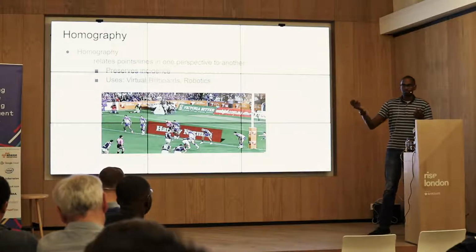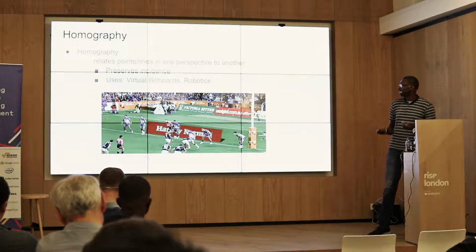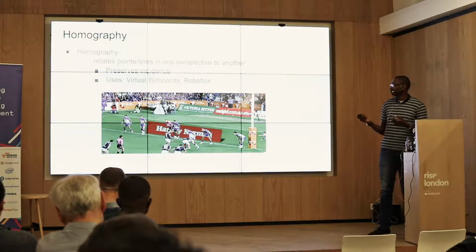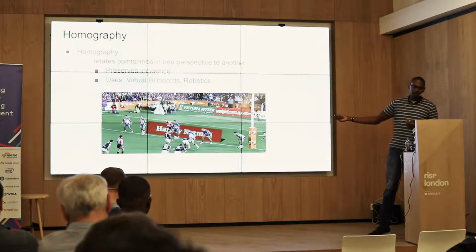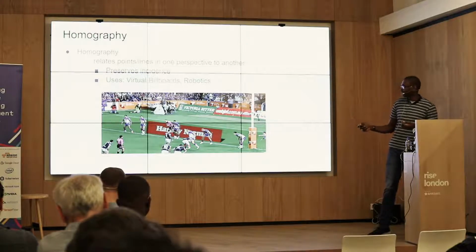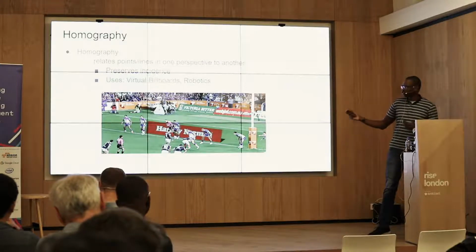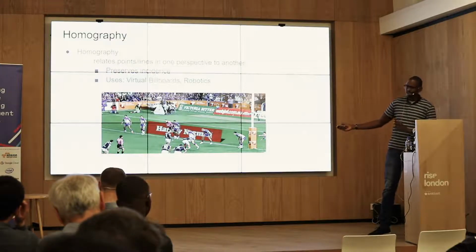So if you move across the room, those lines are not going to suddenly change. That's what homography does. You've probably seen it used as virtual billboards on sporting events, so that's how they do that. It's also used in robotics, in a more complicated field called structure from motion. This is much simpler than that.